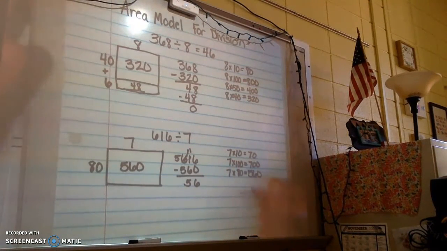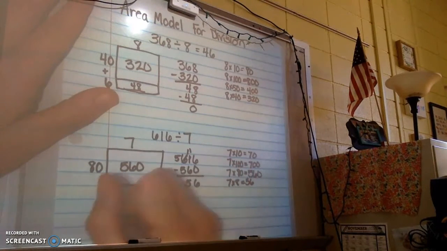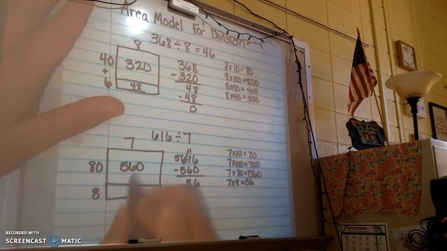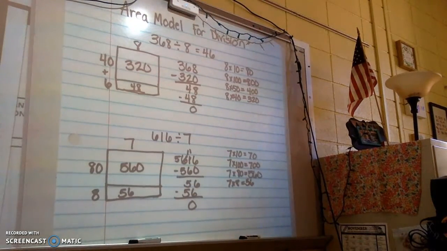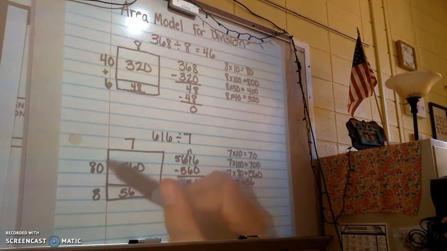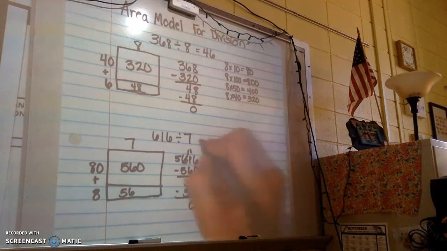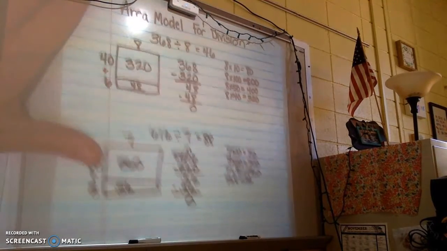And then I just said 7 times 8 is 56. I'm going to have to draw in a little box down underneath to put my 8. 7 times 8 is 56. Subtract, and I get 0 left over. So remember, I'm adding these numbers to get my quotient. So 80 plus 8 would be 88. 616 divided by 7 is 88.